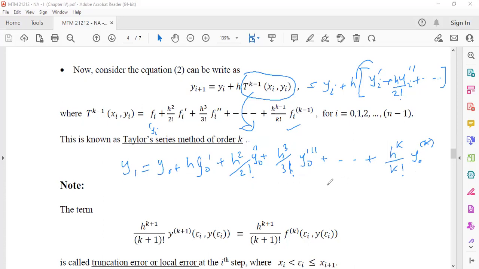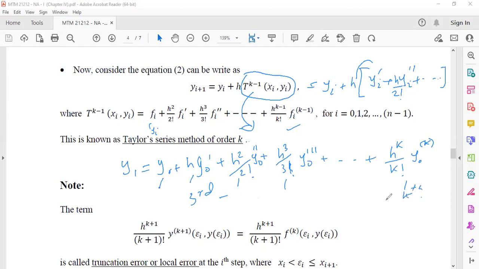I have sent you the homework quiz on this as well. For example, say they ask you for a third order Taylor series. This is the first term, this is second, this is third, this is fourth, up to the k-th one.